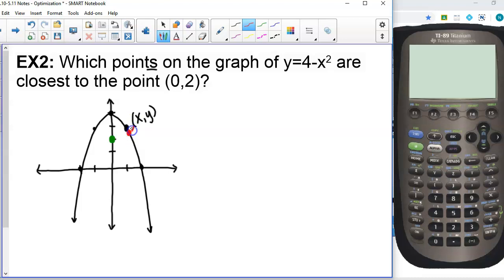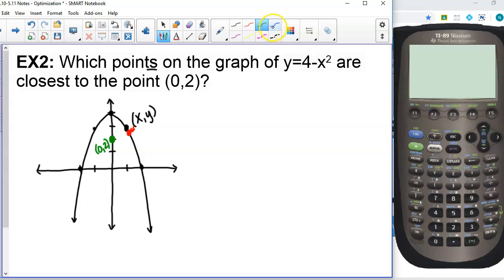I'm going to call that point right there (x, y). Okay, it looks pretty close, but I don't know its exact coordinates. It might be at (1, 3), but it might be a little below it. I can't really tell. I don't think it's above (1, 3). And this point, I know the coordinates of it are (0, 2).